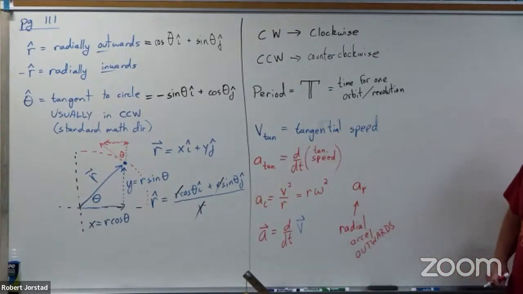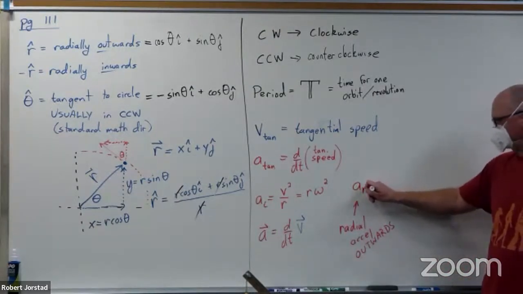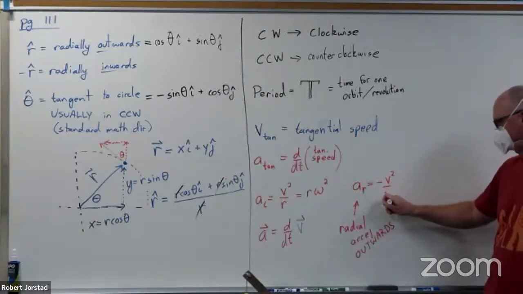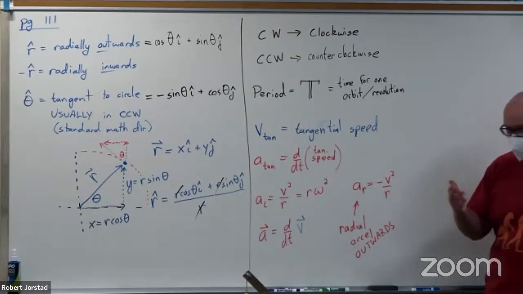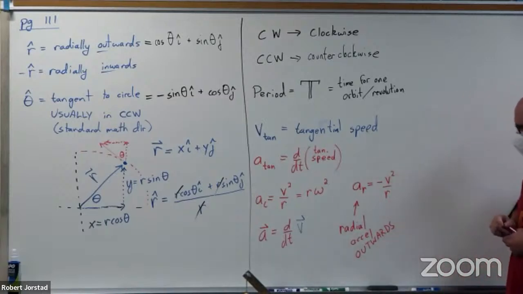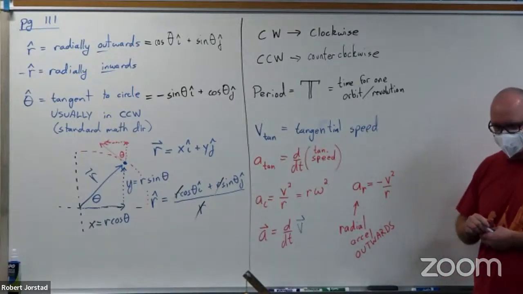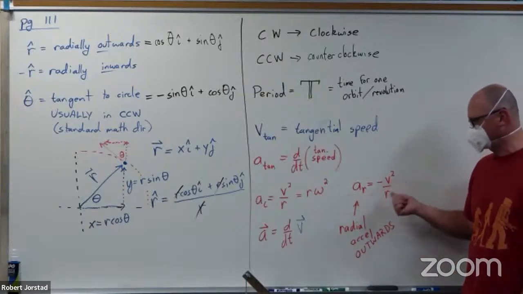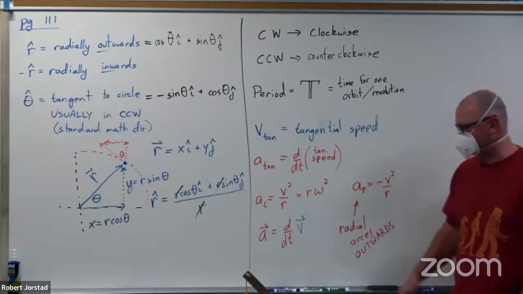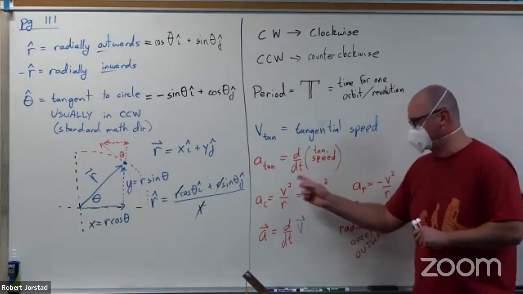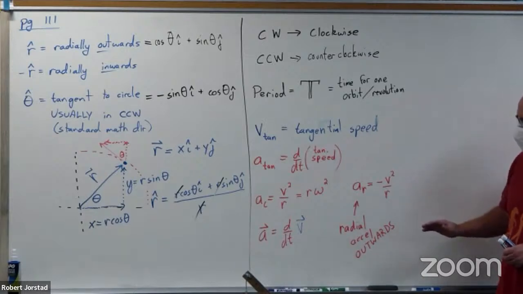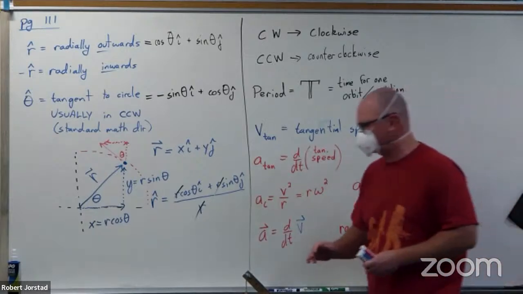And what happens here is A_R is equal to minus V squared over R. Depending on which textbook you purchased or are using or what web resource you happen to be reading that day, some people will say A sub R is negative V squared over R. Others will say AC is positive V squared over R. This is not a contradiction. I like to think about it this way.